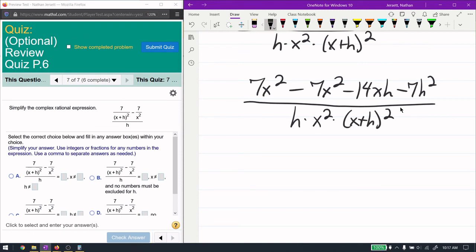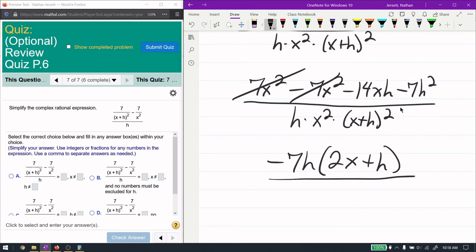Okay, and now you can see that those cancel. And I can factor out of here a negative 7h. That gives me 2x plus h over h x squared, x plus h squared. And these h's cancel.